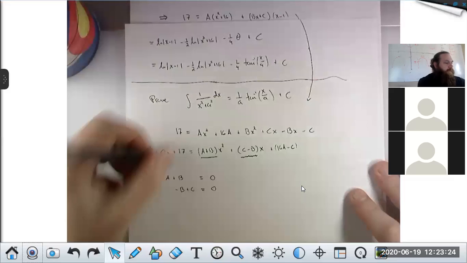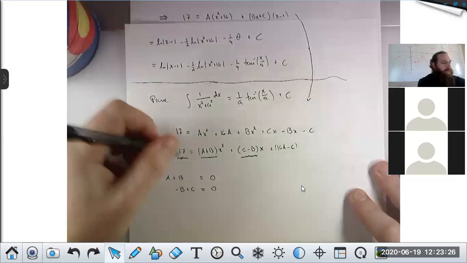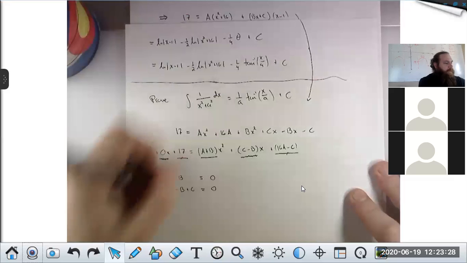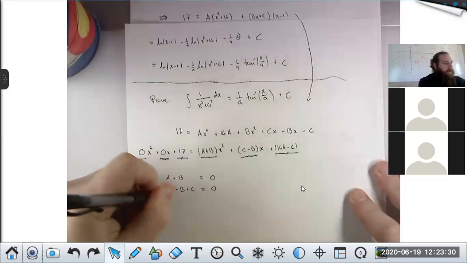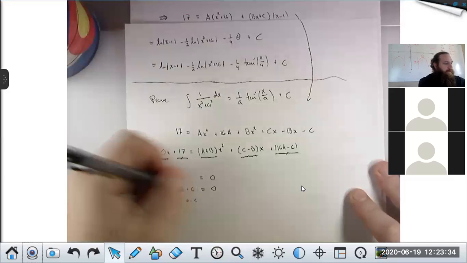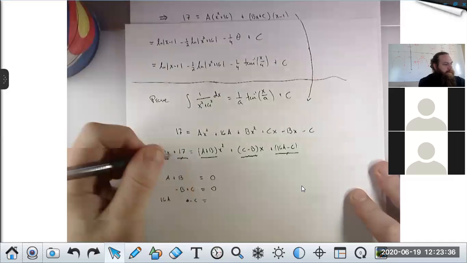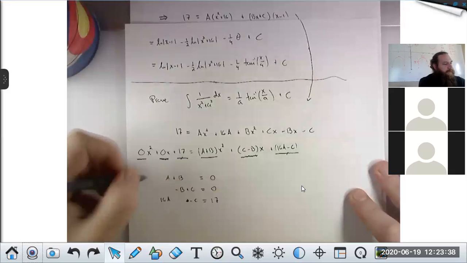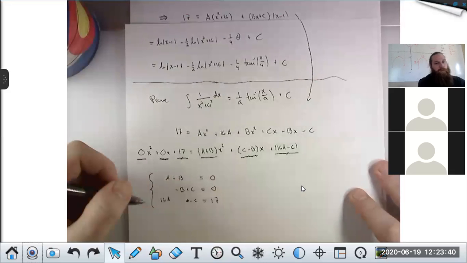And finally, you set the constant terms equal to each other. So you'll have 16a minus c equals 17.